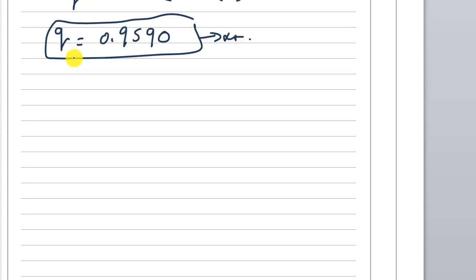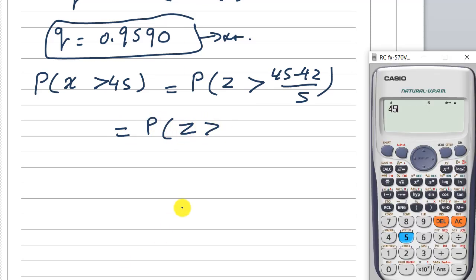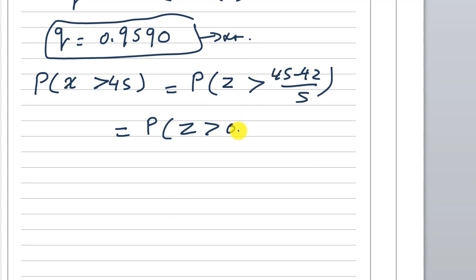Now the probability of x bigger than 45 is equal to, again, the probability of z bigger than 45 minus 42 divided by 5. So it's equal to the probability of z bigger than 0.6.